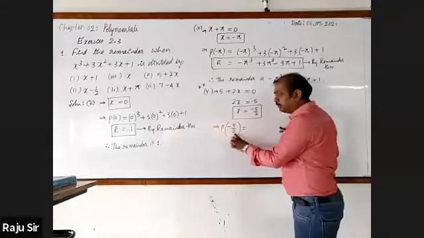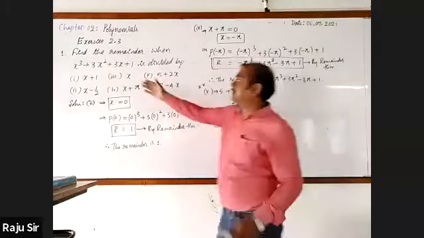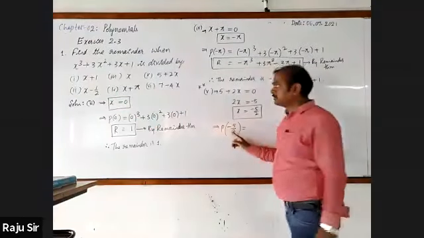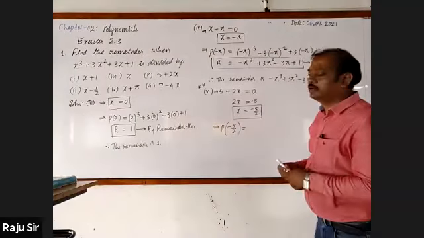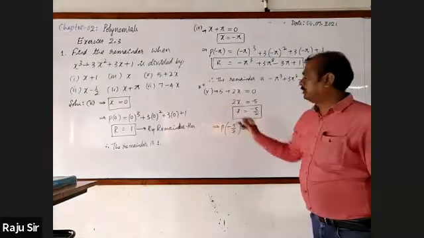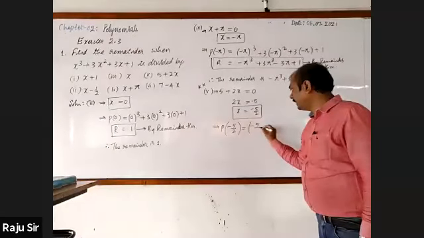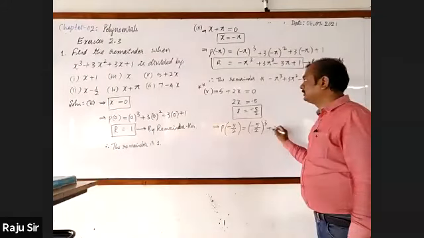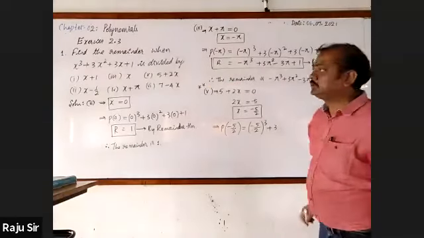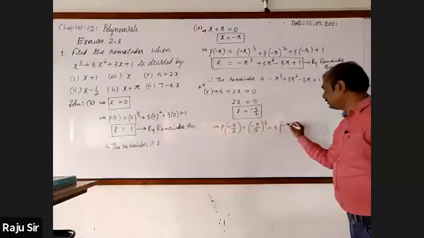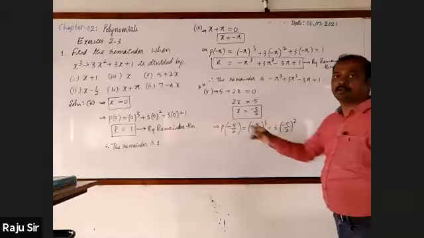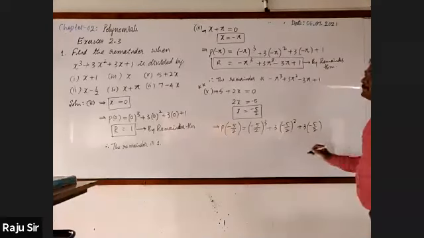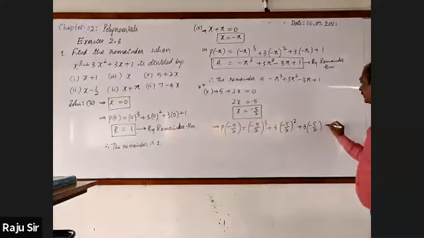You can find out this value by substituting minus 5 by 2 in the given polynomial, right? Yes. It should be substituted in the place of x. First term is x cube, so it will be minus 5 by 2 whole cube. Then plus. Second term is 3x square, so 3 into minus 5 by 2 whole square. Third term is 3x, so plus 3 into minus 5 by 2. Then plus 1 as it is.